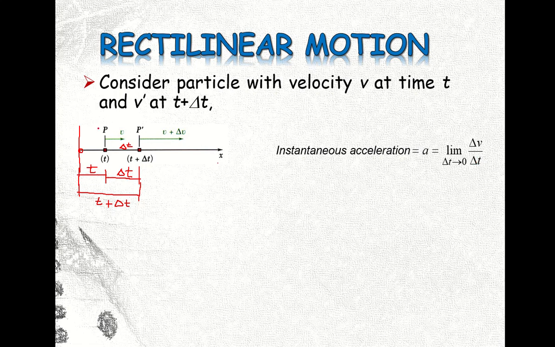Okay, so for this illustration, class, the instantaneous acceleration is defined as the limit of delta v divided by delta t as delta t approaches zero. Okay, so this expression of our acceleration comes from this illustration.